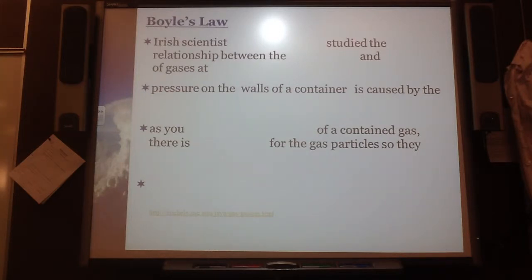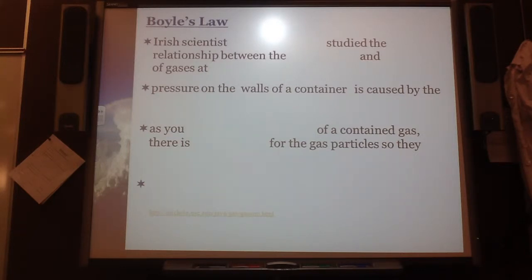Pressure's higher and the volume is higher. Okay, so we are compressing more molecules in, so we have a higher density of molecules in there. As pressure increases, the volume will decrease.